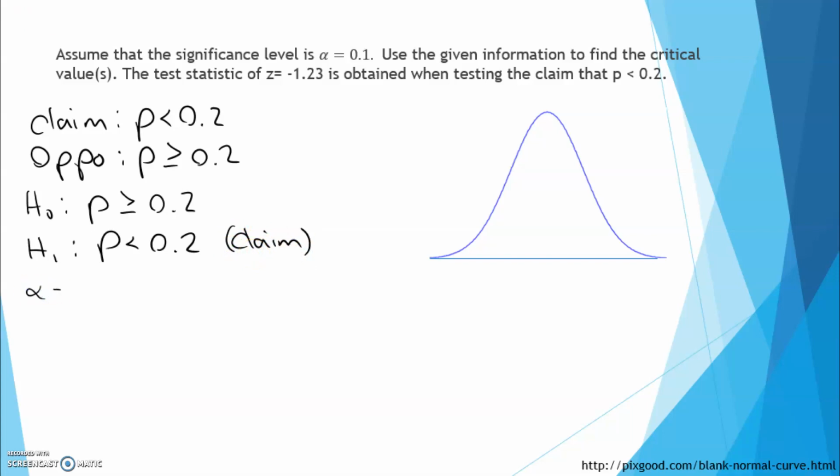Okay, alpha is 0.1. Our test statistic is negative 1.23. They asked us to find critical value or values, so it could be 1 or 2. So that's talking about the traditional method.